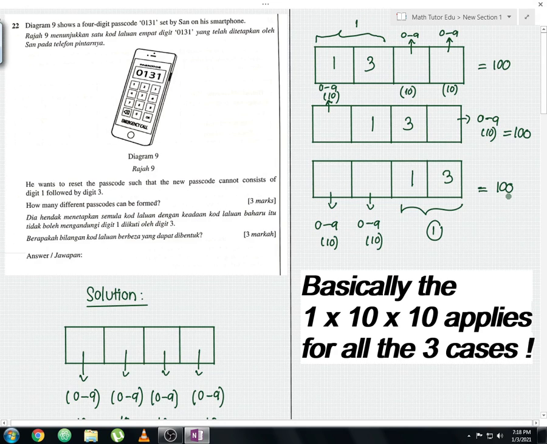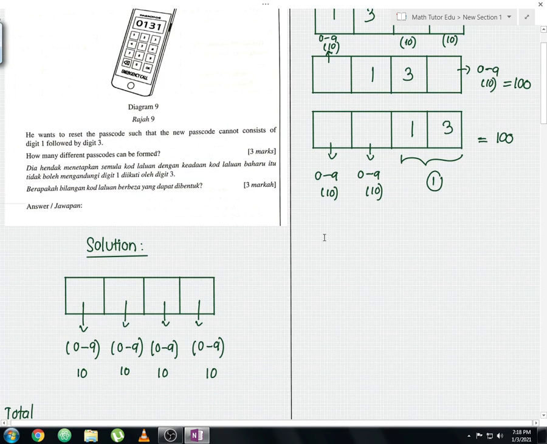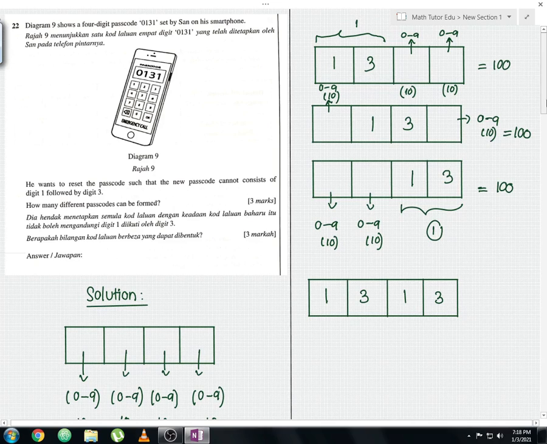We still have one special case left, guys. Let me draw the diagram again. This is a special case where you will have 1, 3, 1 and 3. This special case will occur in case 1 and case 3.